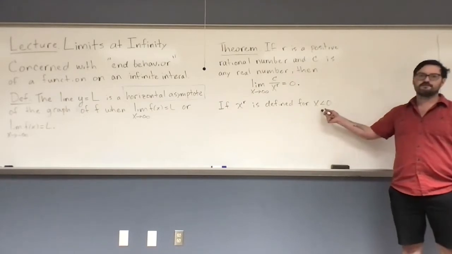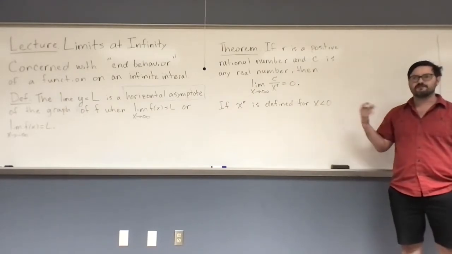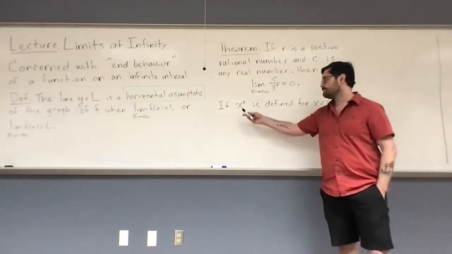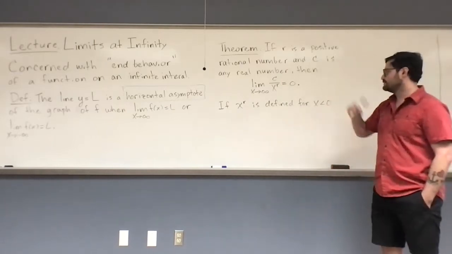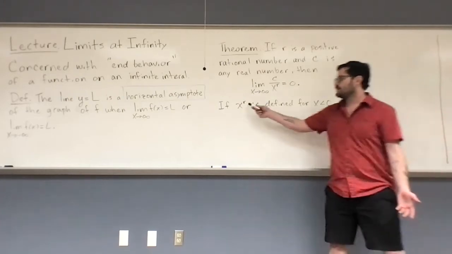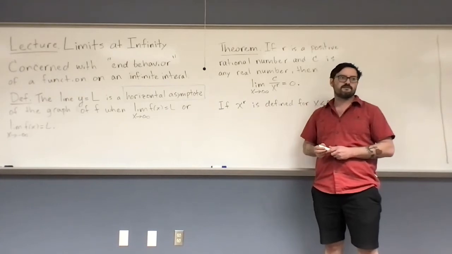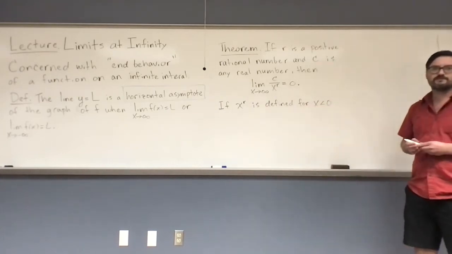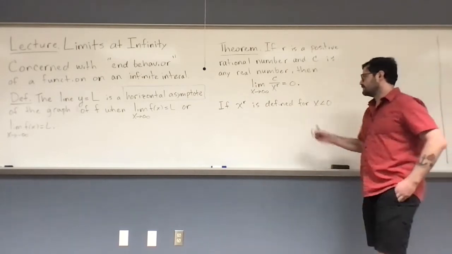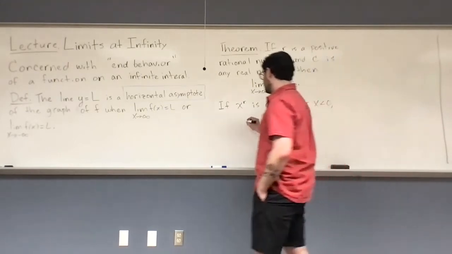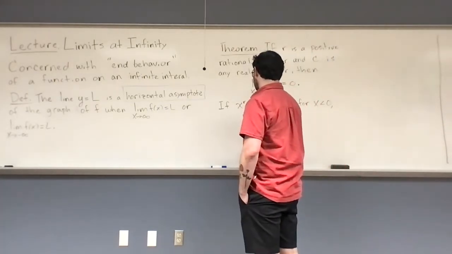And we can't take square roots of negative numbers without invoking imaginary numbers. So we're just dealing with reals right now. So if that is defined for negative x, so maybe r is some odd power, and then there's no worry about square roots of negatives, right? So that is defined for x less than 0, then the same equation holds as x tends towards negative infinity.